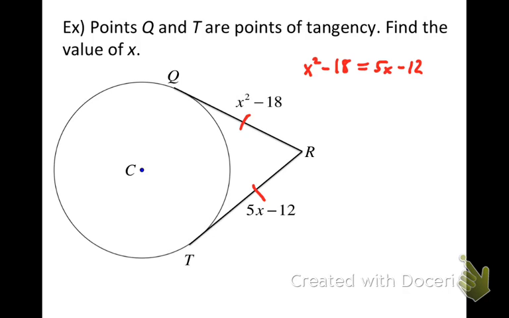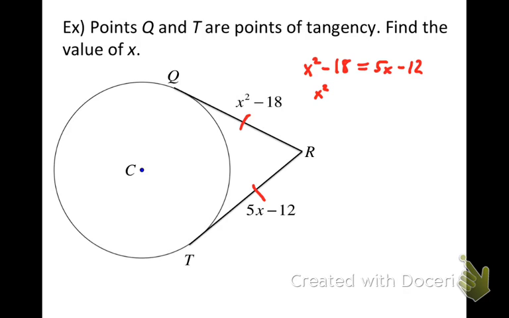Now, this is way too simple of a property for me not to give you a more fun algebra problem, and that's what I've done right here. We're going to have to solve a quadratic equation in order to find the value or values of x that would make that true. Remember, when you're solving quadratic equations, the strategy you'll use most often is either to factor or to use the quadratic formula, but for either one of those, you set the equation equal to 0 first.